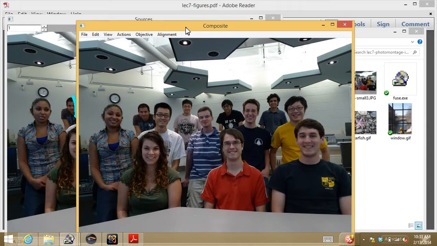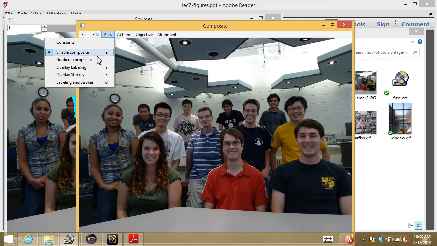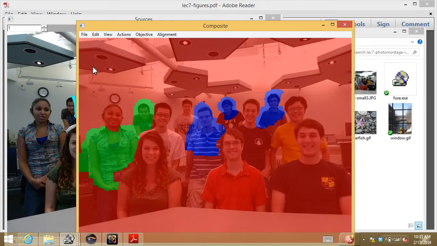So this is basically, under the hood, this graph cuts algorithm using alpha expansion to assign multiple labels. And at the end of this, I should be able to see a picture that shows the color-coded labels of what actually got taken from one image and put into the composite.